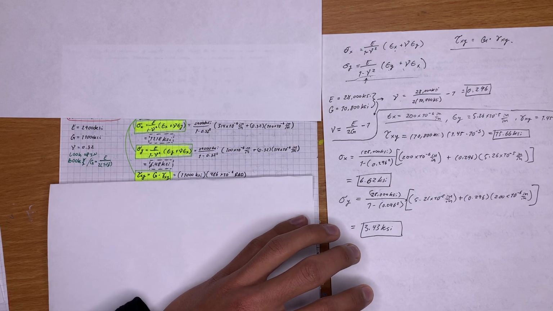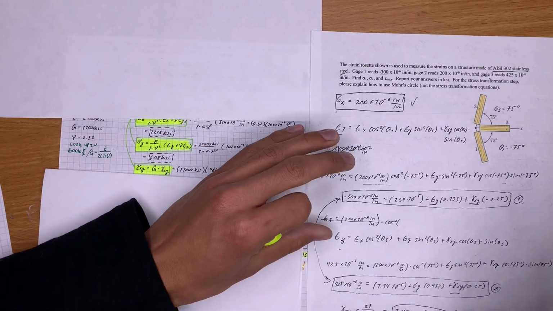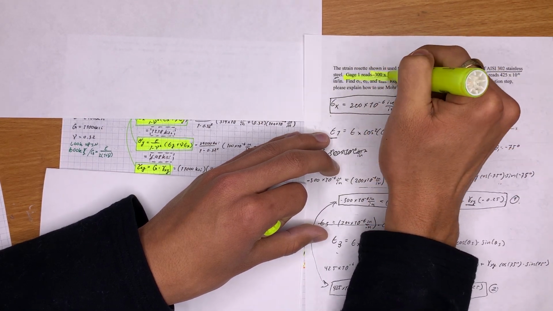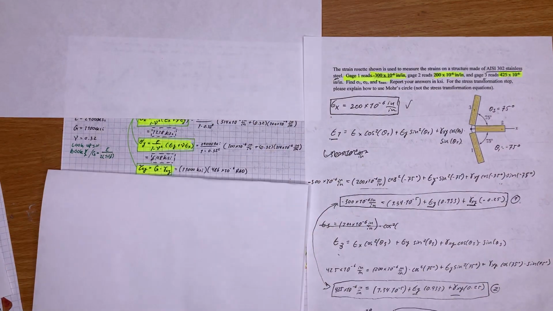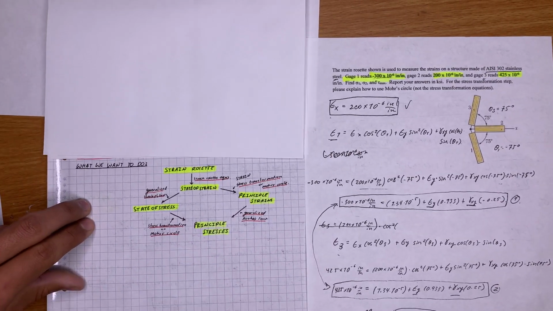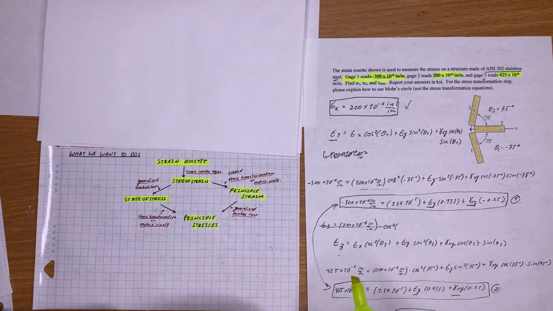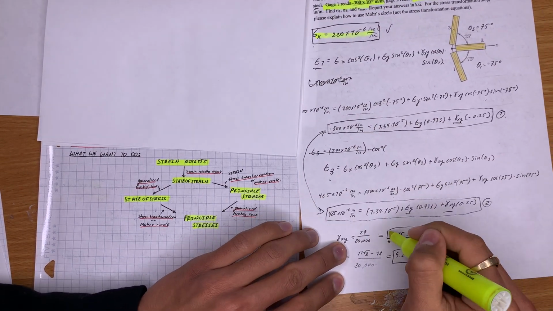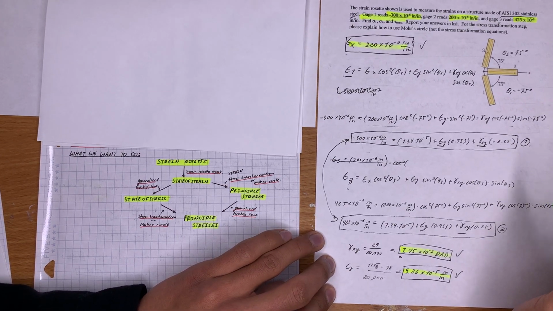Okay, so let's backtrack. We went from our gauge readings, 300, 200 times 10 to the minus 6 inch per inch, and 425 inch per inch, which were the strain rosette gauge readings, and we turned them into a state of strain using the system of equations from the rosette equations.